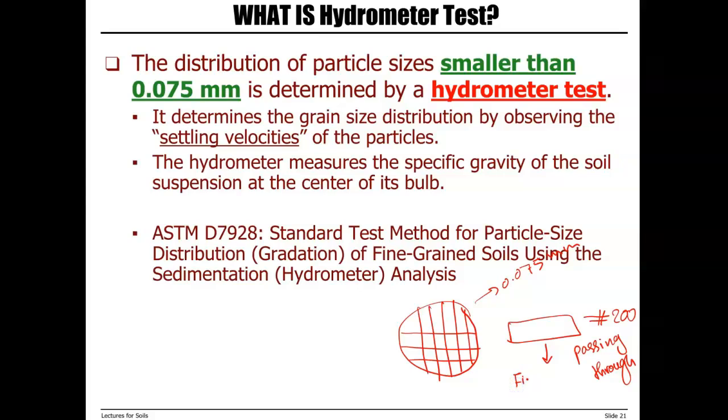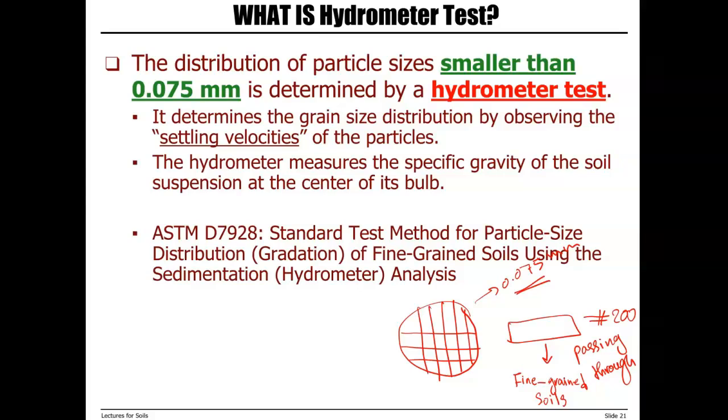If particles passed through sieve number 200, it means that all particles are smaller than 0.075 millimeter, which means that we have a fine grained soil. For fine grained soil, we cannot do the gradation curve or particle size analysis using sieves, because even, you will see this in lab, sieve number 200 has a very small opening. So we cannot use sieves to do the particle size analysis for silt and clay.